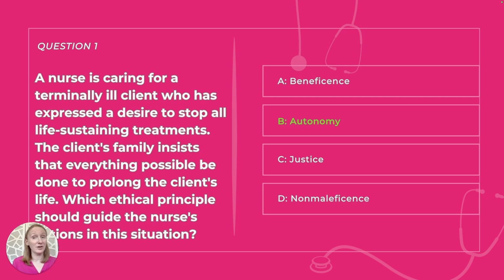It's sometimes difficult thinking about these ethical situations because we also wonder about beneficence, doing good, making things better, and non-malfeasance, doing no harm. And we might ask ourselves, if we remove life-sustaining treatments, aren't we doing harm to this ill client? And that's what makes ethical studies so important, because there's not always an easy cut and dry answer.